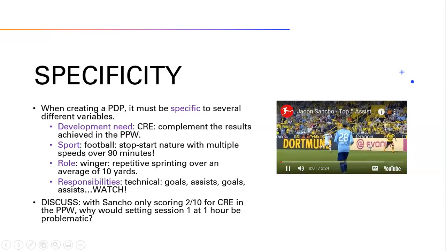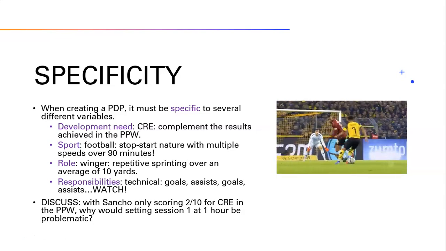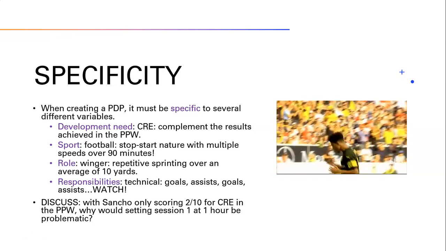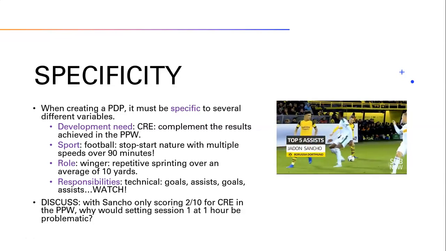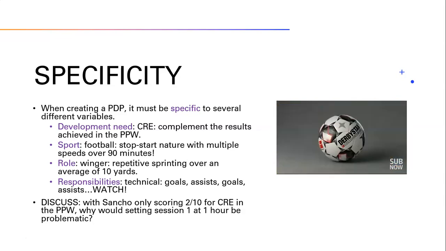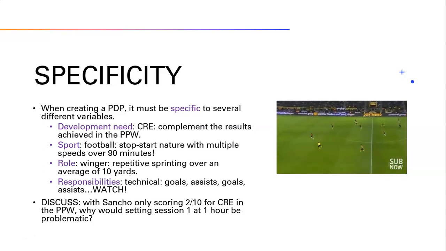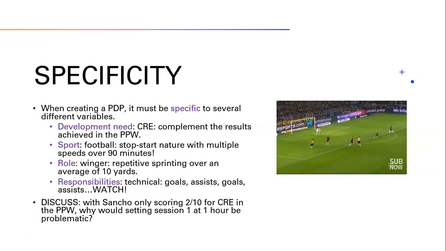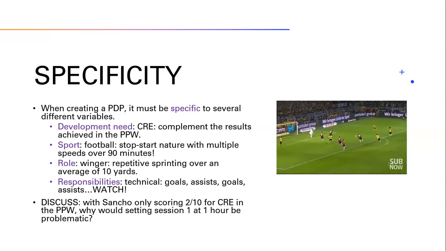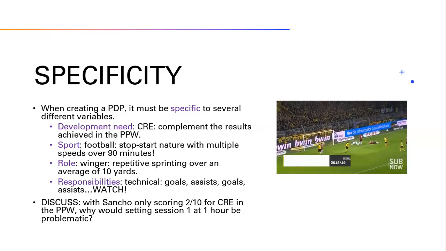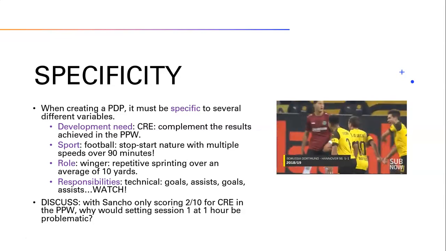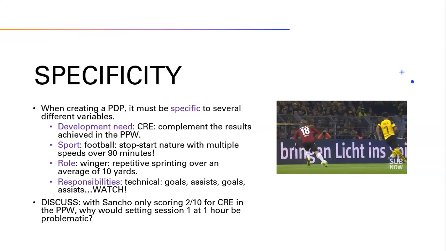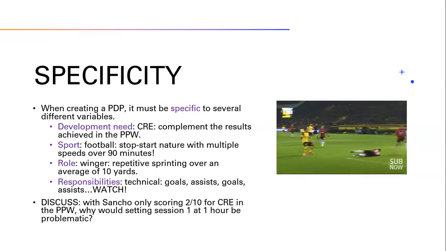Jadon Sancho. Quick, full of tricks, and now indispensable to Borussia Dortmund. We take a look at his top 5 Bundesliga assists so far. It's Sancho and Hakimi, who's lightning quick, making the run off the ball. Still Sancho and Götze. 3-0. Mario Götze joins in.